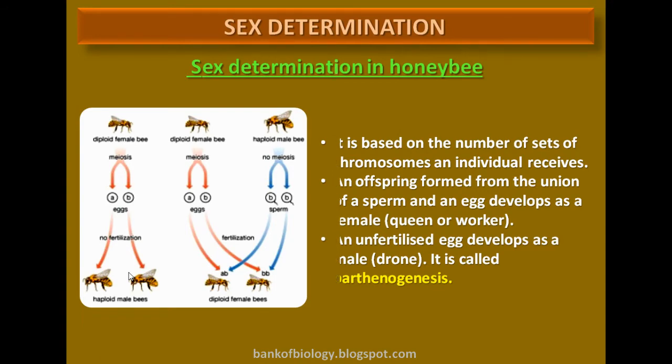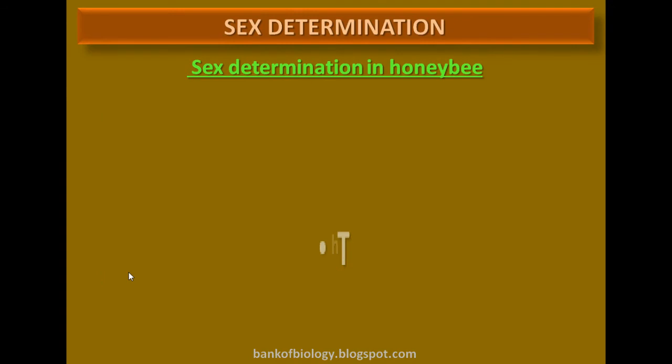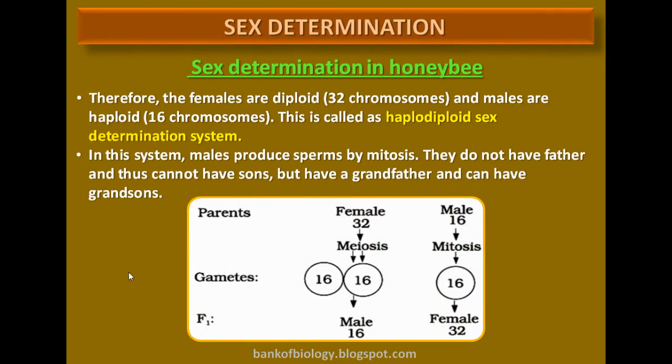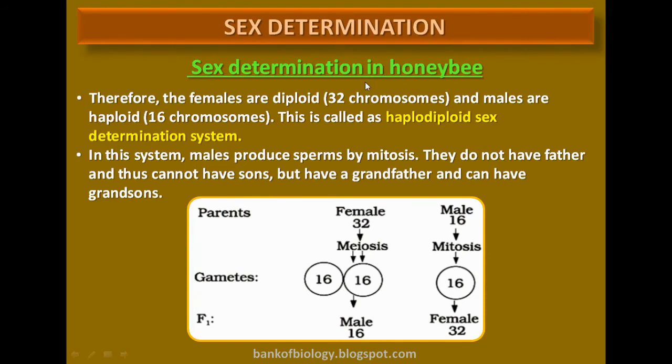So in honeybees the sets of chromosomes are 16 and 32. Females are diploid, having 32 chromosomes, whereas males are haploid with 16 chromosomes. And this is called the haploid diploid sex determination system.